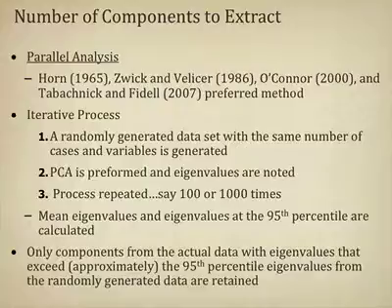And then it performs a principal components analysis on that data, and eigenvalues are noted. Each time it does that, it keeps track of the eigenvalue. And then that process is repeated some number of times: 100 times, 1,000 times, 10,000 times, whatever number you want.